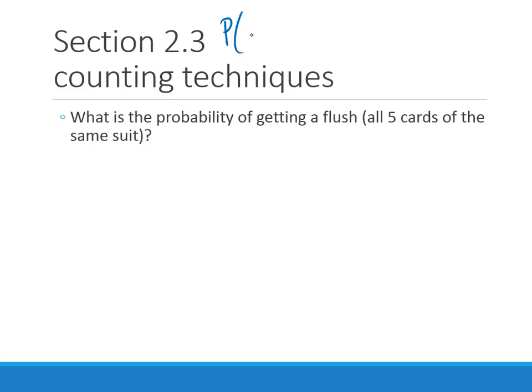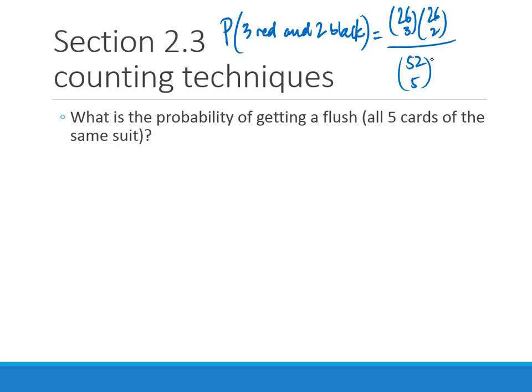Probability of getting 3 red and 2 black is going to equal that first number, 26 choose 3 times 26 choose 2 divided by 52 choose 5, and that is 0.3251.